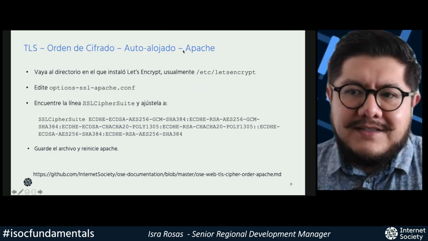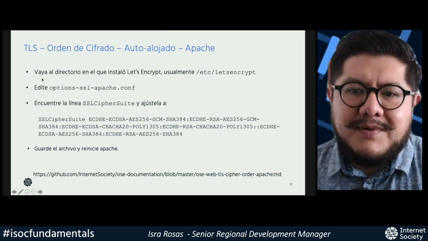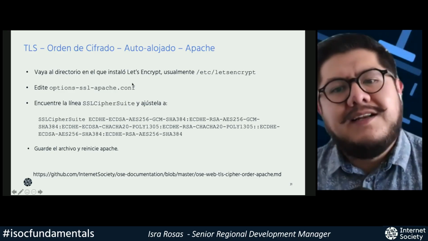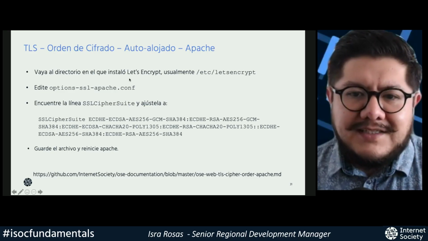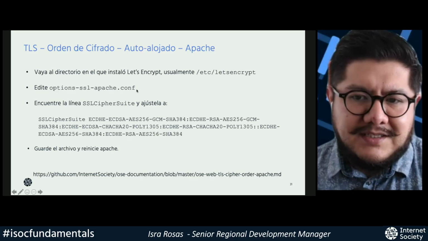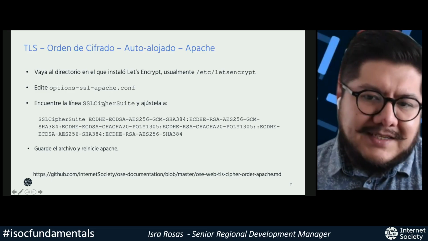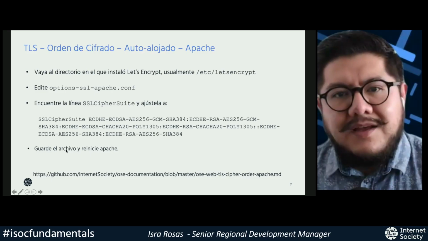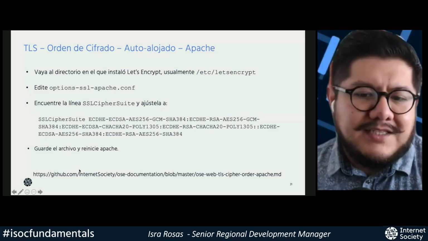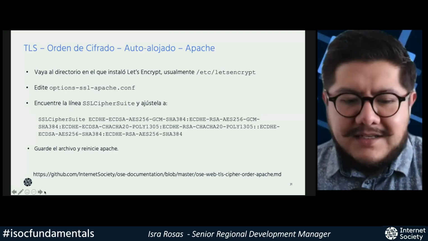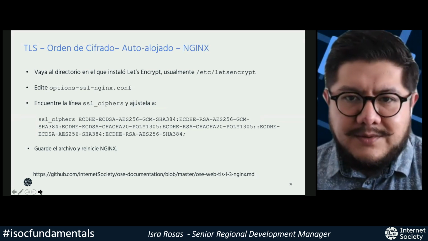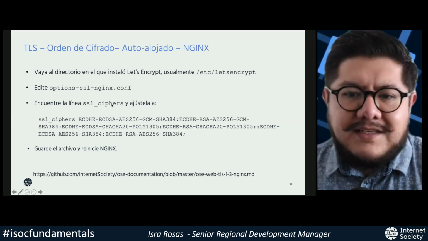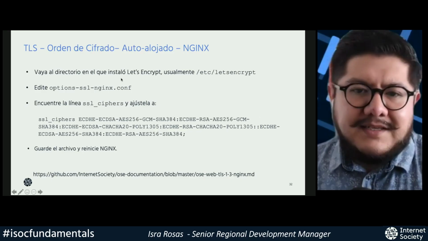Now, in order to configure the cipher order in self-hosted servers using Apache, once again, you go to the directory where you installed Let's Encrypt. Then you edit the config file, you find that line and you set it to these parameters. Just after that, you save the file, you restart Apache, and then you will have your cipher order enabled.